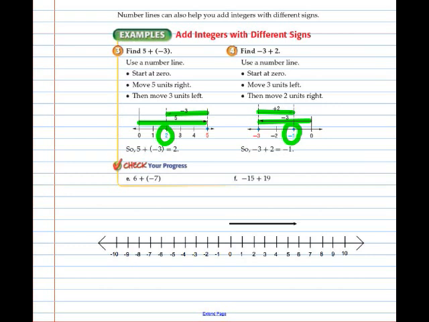We're going to go 6 to the right. We're then going to go 7 to the left. So our result would be 6 plus -7 is -1.